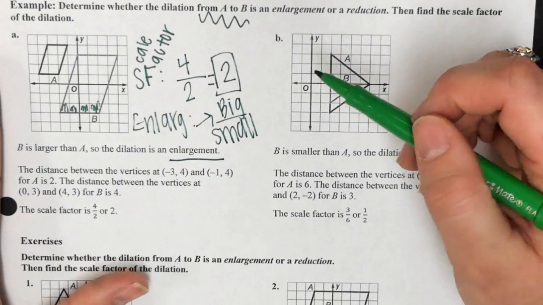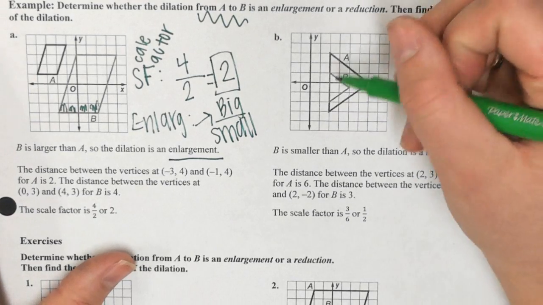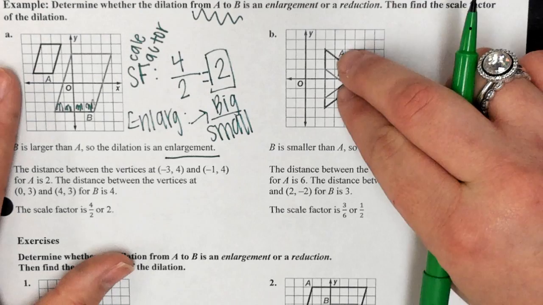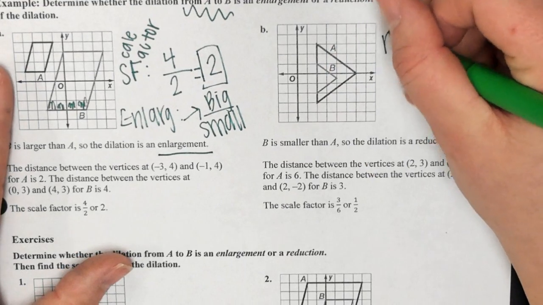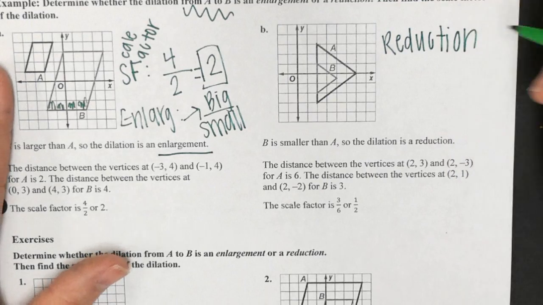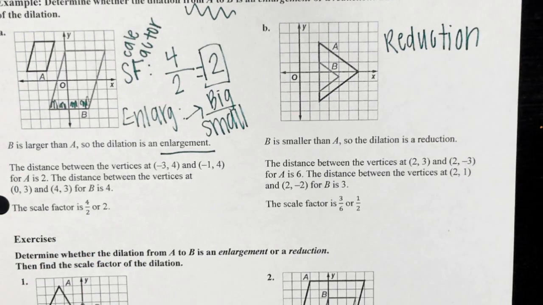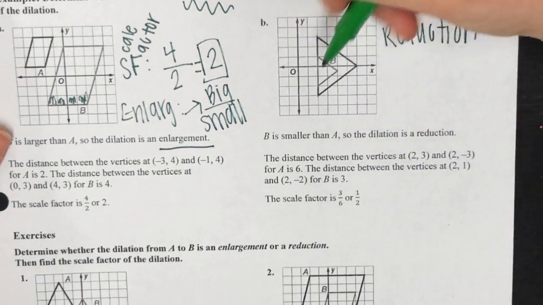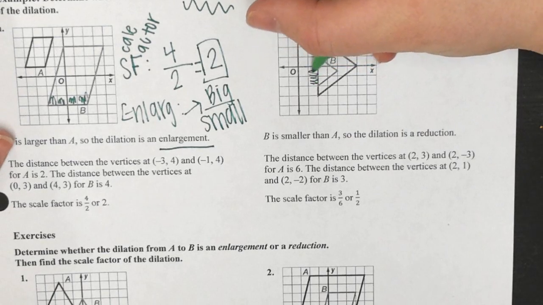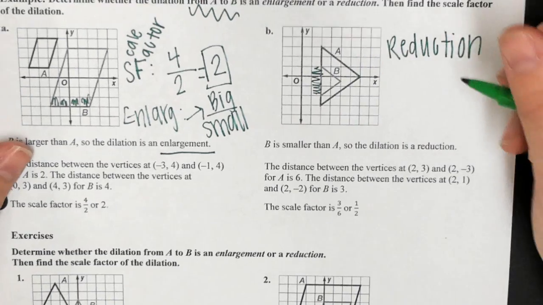Same thing. We're going from A to B. So we started off with A, and then obviously it shrunk to get B. So this is a reduction. So we got to put the smallest on top. Very good. Count the number of boxes. I would count this side. So for B, you have 1, 2, 3.